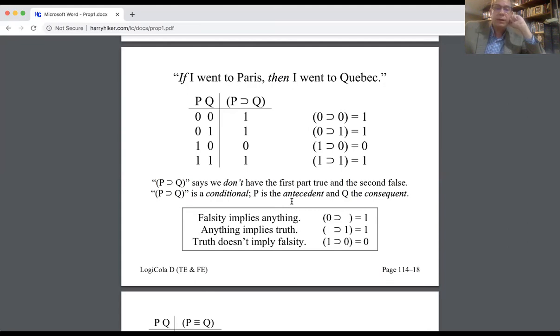So if you don't have the first part, if you don't have the antecedent, and you have true, right? It's true. And then truth doesn't imply falsity.